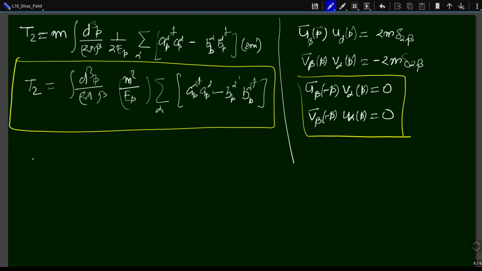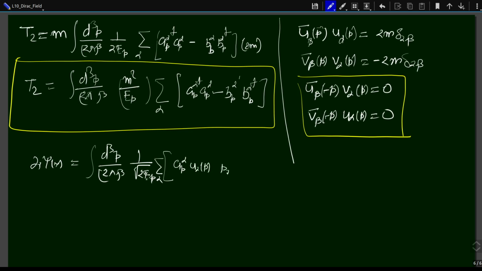If I have the psi expression given by that, then ∂_i of psi(x) is the integral d^3p over (2π)^3, times 1 over the square root of 2E_p, summation over alpha, and you have a_p^alpha u^alpha(p), and then you have the exponential.